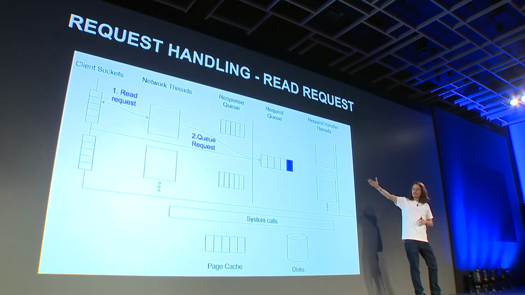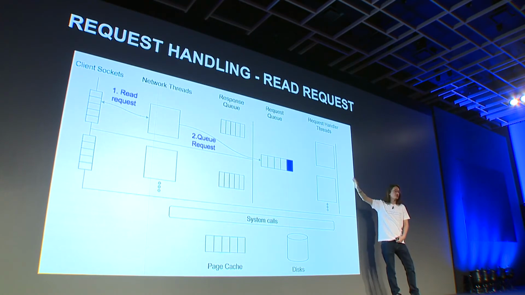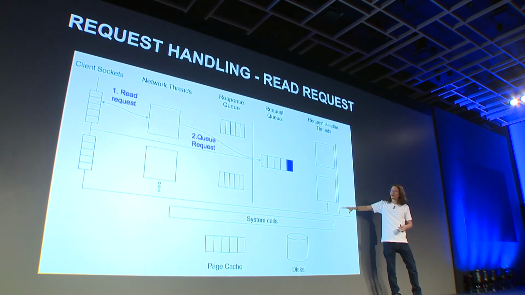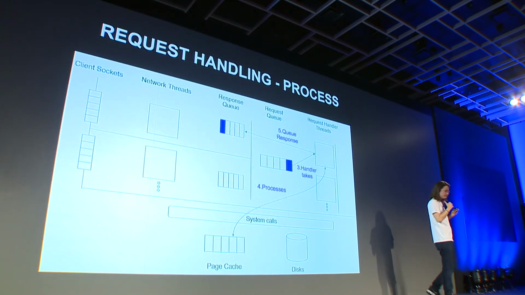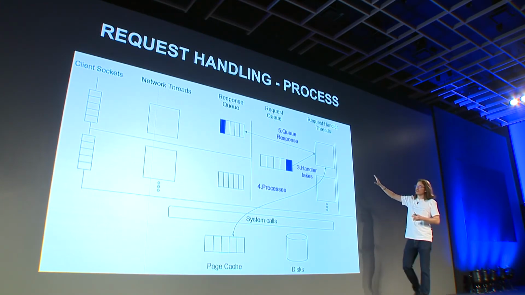A request comes to the socket, and the network thread reads the request and creates the request object. That is written into the request queue. The request queue is prepared as only one queue in the broker, and all of the request handler threads call this queue to obtain requests.